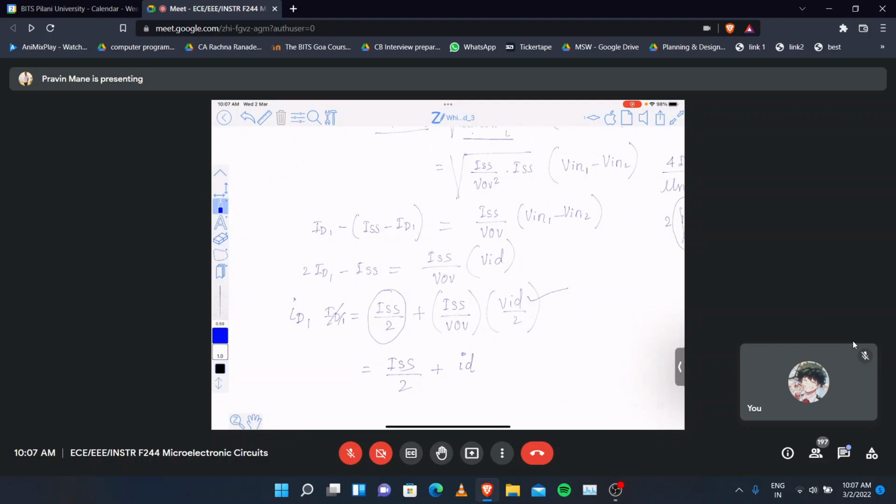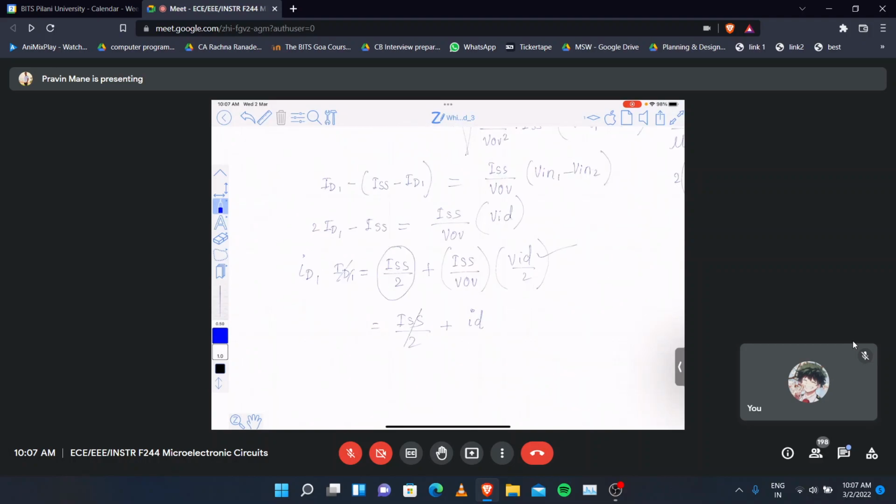So this is the current that is going to flow through this. This is DC current, I will write it as capital ID. You should understand ID, ID1 or ID2, they are same, plus small ID. So this is the DC plus AC current. And what is the property of the AC current here?